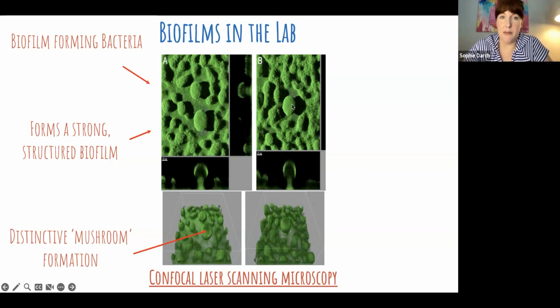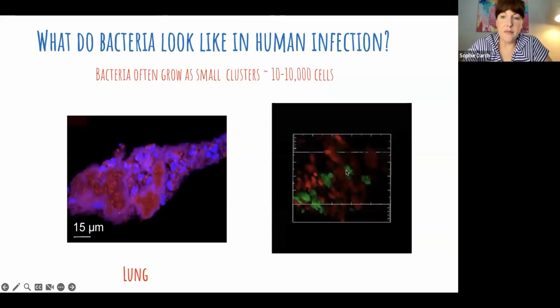So this is a really good example of how we might visualize bacteria in the lab. And you can imagine if you're interested in seeing how these bacteria are treated with an antibiotic, you could add an antibiotic into the system and then keep looking at it and seeing how these shapes and structures might change.